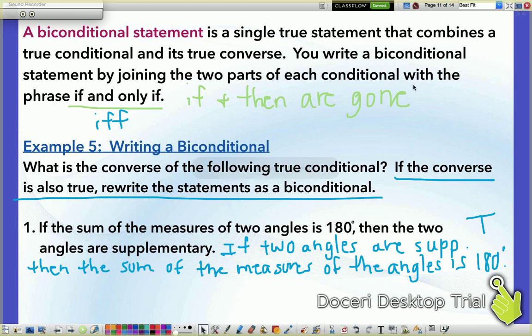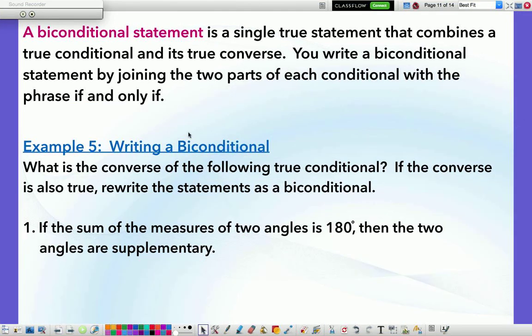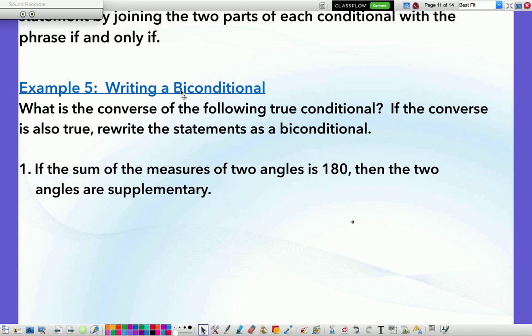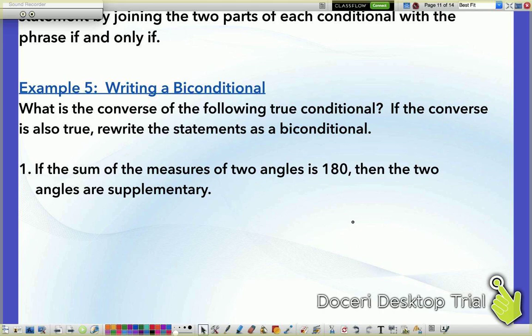Okay, I am going to try to move this up a little bit, or I'm not going to have any room. And all that went away, but sorry. All right, my biconditional statement would be, we don't use if, that's gone.